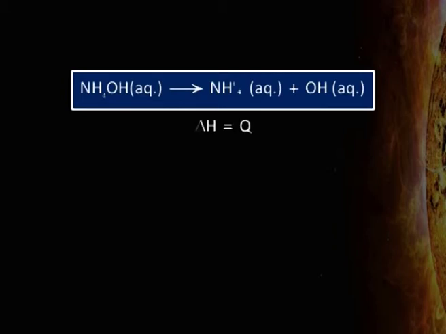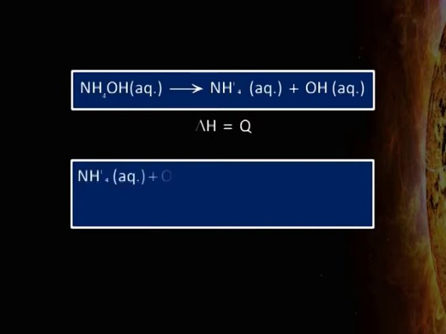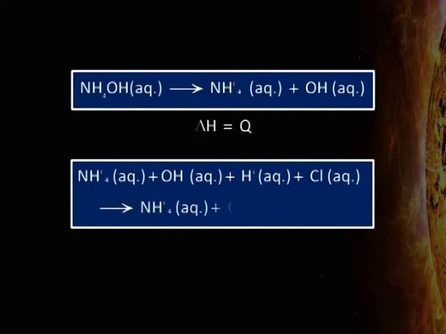The reaction between ammonium hydroxide and HCl can be shown as follows. Ammonium hydroxide will first get ionized to give ammonium ions plus OH minus ions. Let us take delta H equal to Q for this reaction. Hence, NH4 plus aqueous plus OH minus aqueous plus H plus aqueous plus Cl minus aqueous will give you NH4 plus aqueous plus Cl minus aqueous plus H2O liquid.